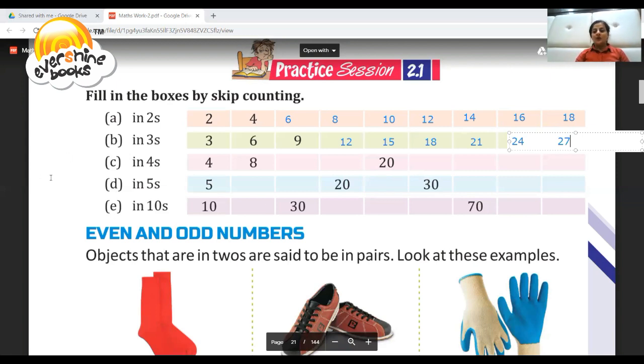Now we are going to do skip counting in fours. What we do is we are going to leave three numbers.